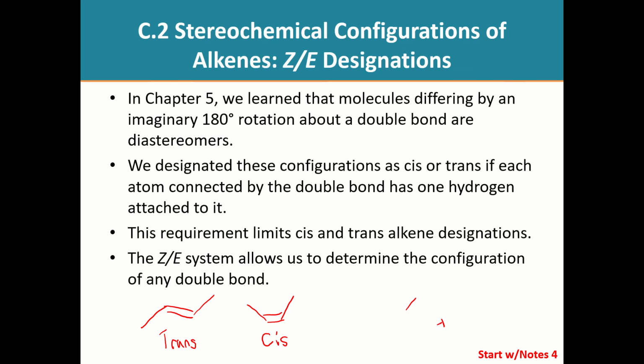So we have to use a different system to describe the configuration of a double bond. And we use what's called a Z and E system. Okay.